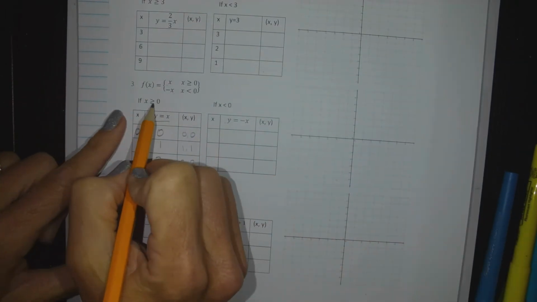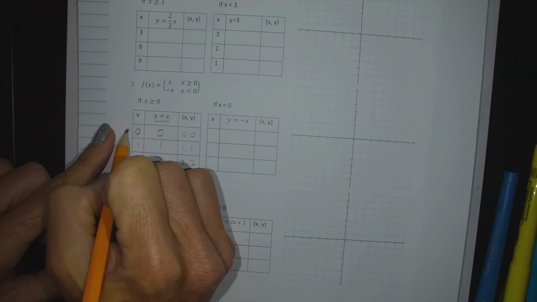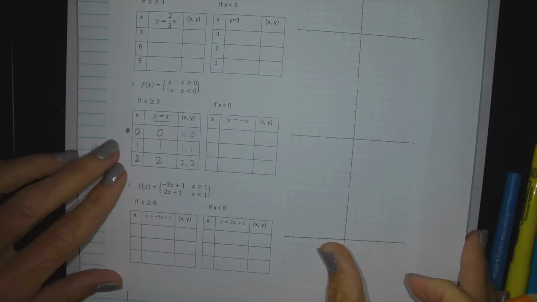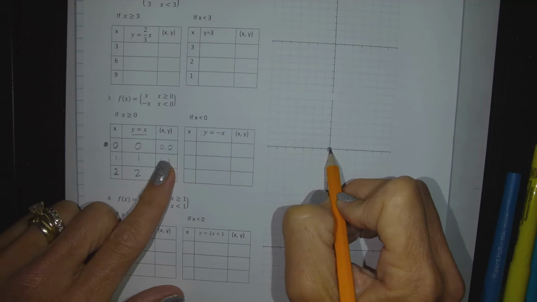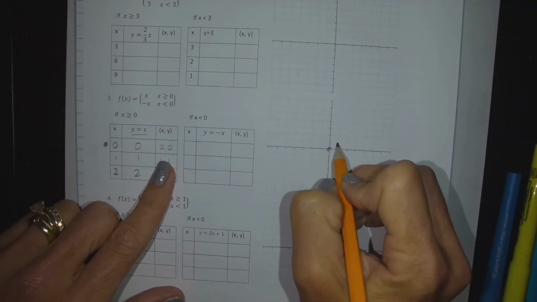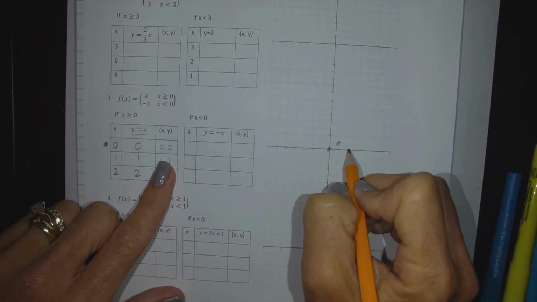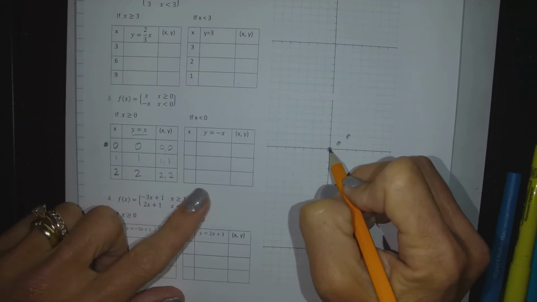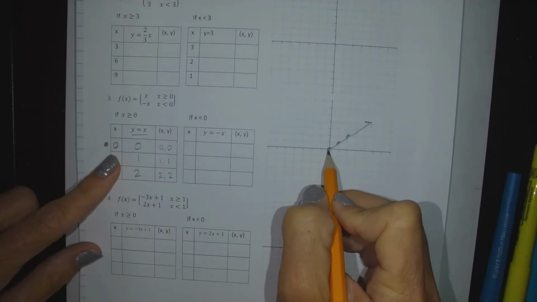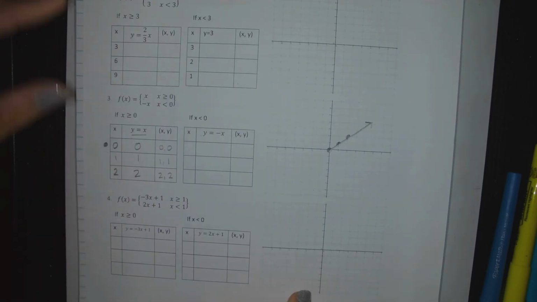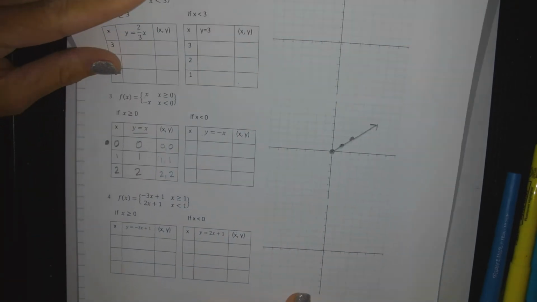Keep in mind, there is an equal sign, so our first point is we're going to include it, so it's closed. 0, 0, 1, 1, 2, and 2. So here's the piece. We're going this way. We started here because we're at 0, greater than or equal to 0. Okay?